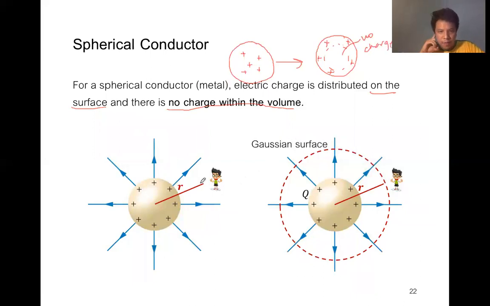So we can use Gauss's law to find the electric field inside and outside, and you find that finding the electric field is easy.